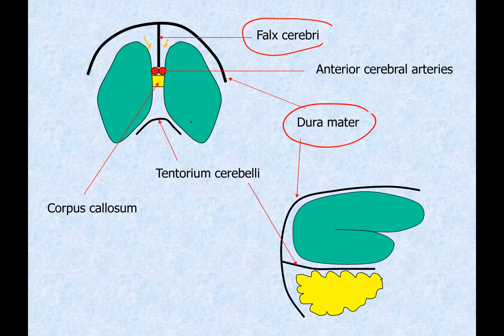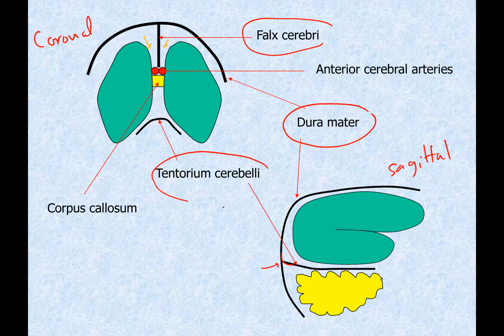Now here, this is a coronal section. This is a sagittal section. In this sagittal section, you can see there is another extension of dura mater, a horizontal extension here, which is called the tentorium cerebelli.